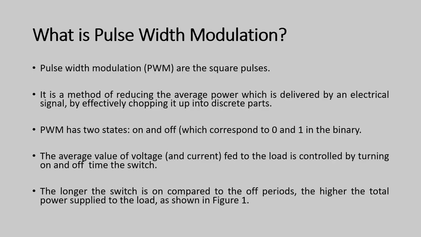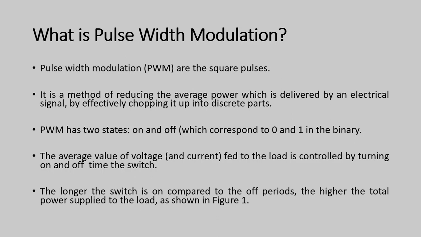Basically, pulse width modulation consists of square pulses, and they are used for reducing the average power which is directly delivered to the load.